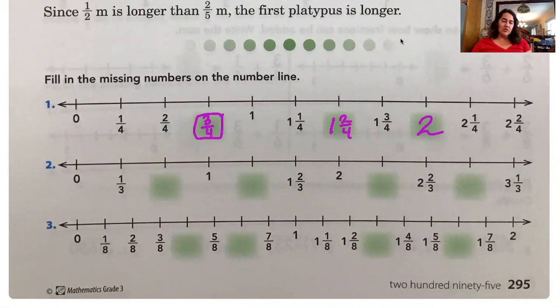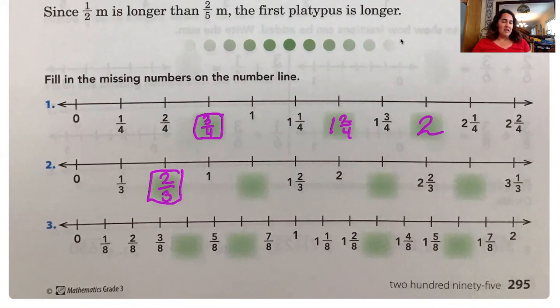On number 2, I have 0. Then I have 1/3. What would I have here before I would get to 3/3? 3/3 would be a whole, so that's our 1. So I have 1/3, then what's coming next, Sean? 2/3. Very good job. 1/3, 2/3, 3/3.